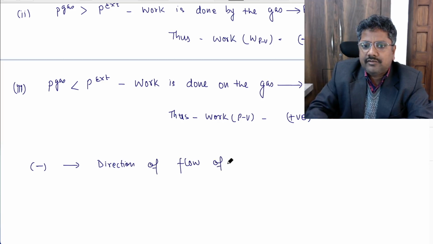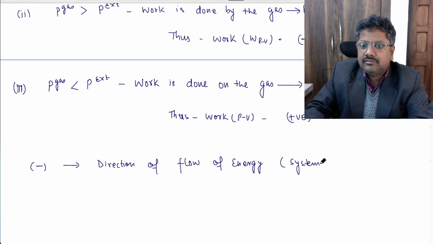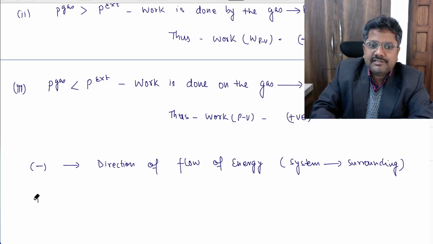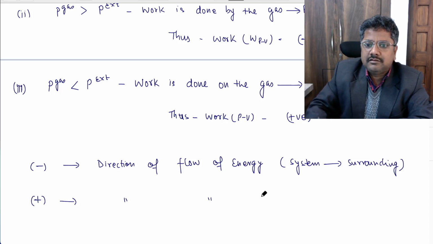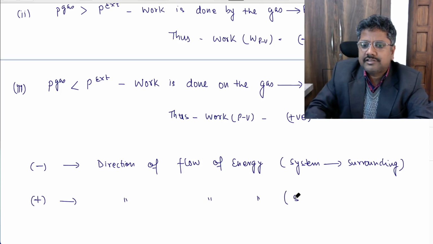Negative means system to surrounding, and positive means surrounding to system.